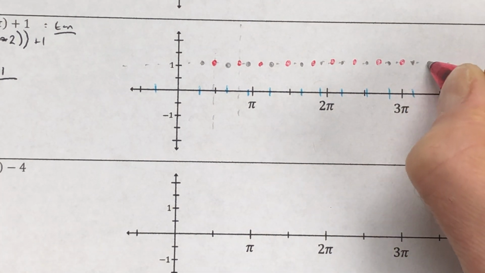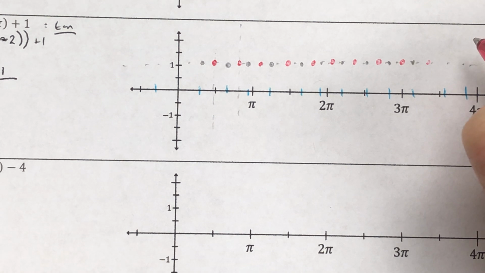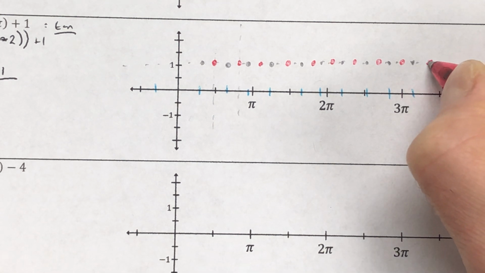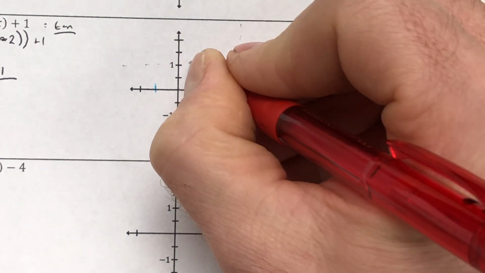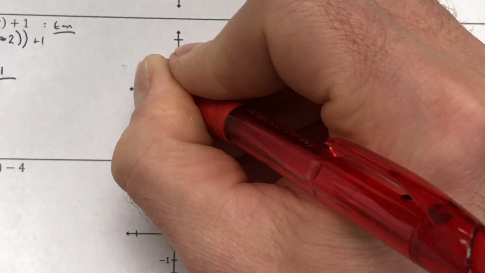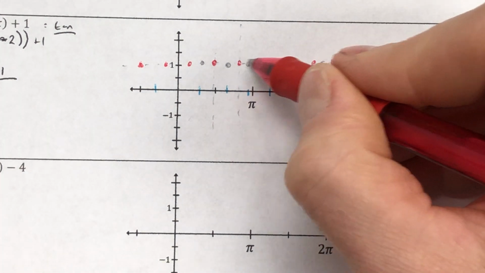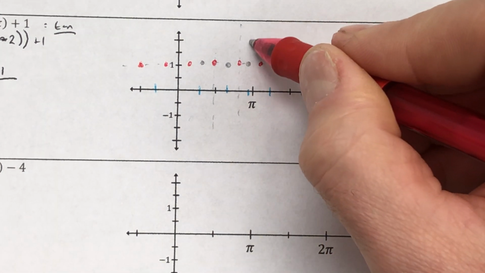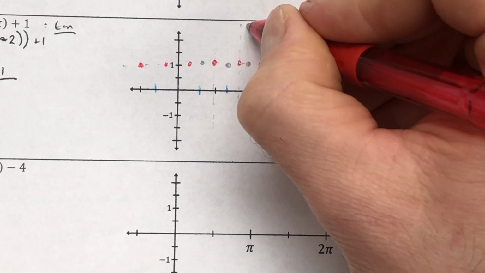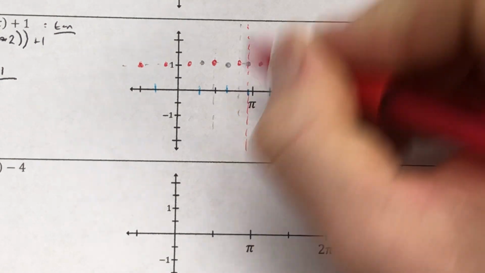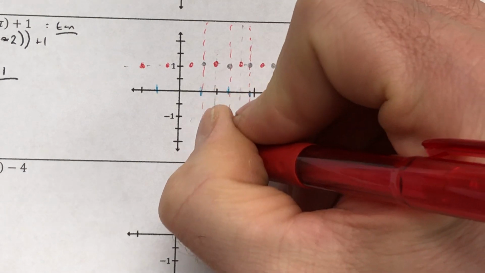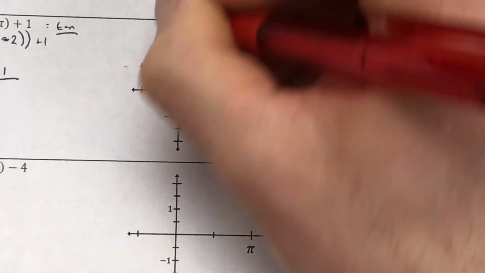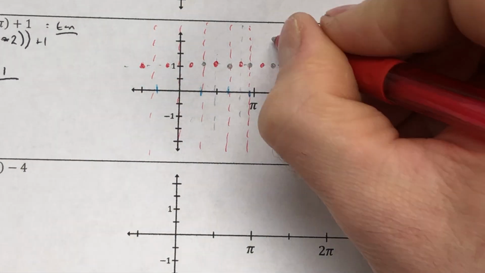Go ahead and draw a point. I think that was it. And then between that and over here. I also know that every one of these blue tick marks was a 0 on the tangent function, so it's not going to be a 0 on my cotangent. It's going to be an asymptote. Talk about confusing to draw.